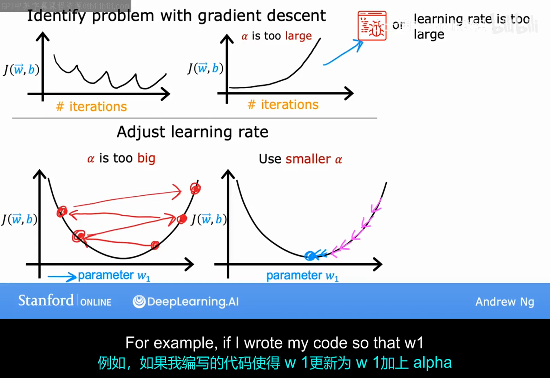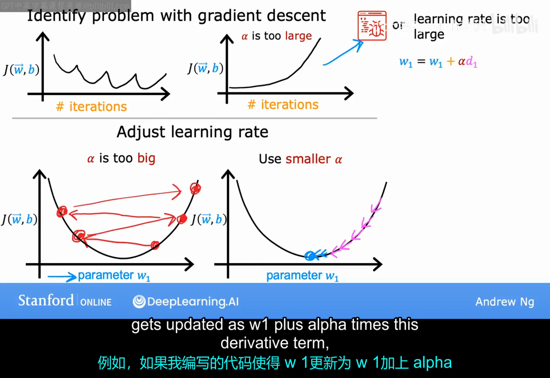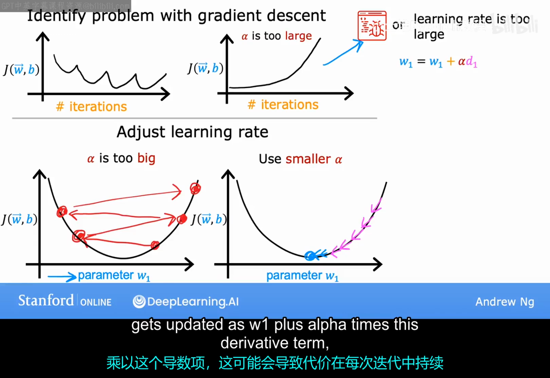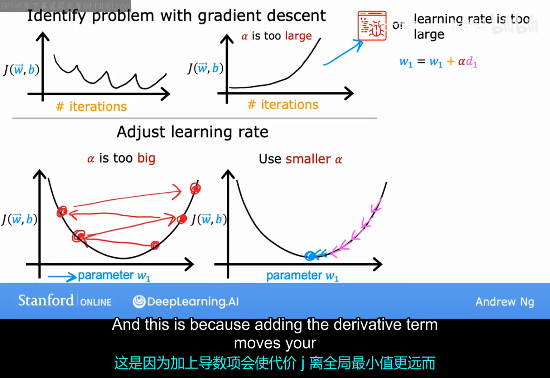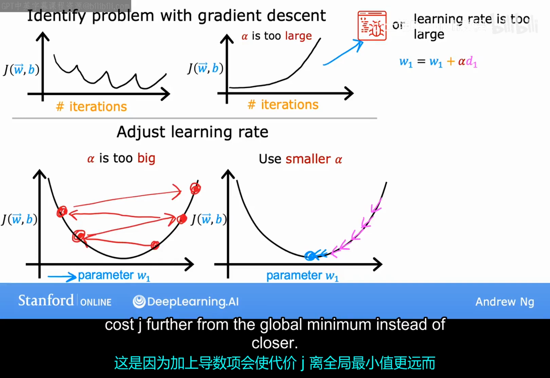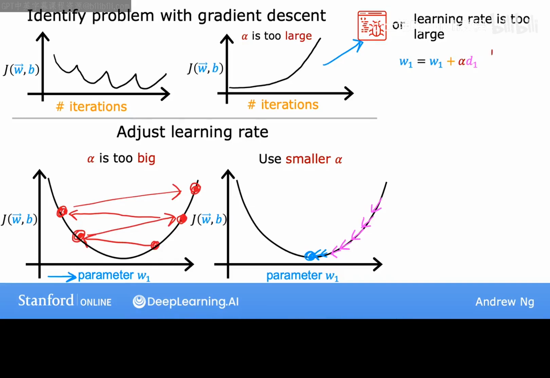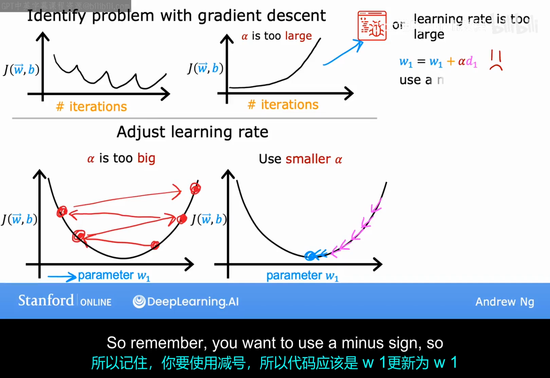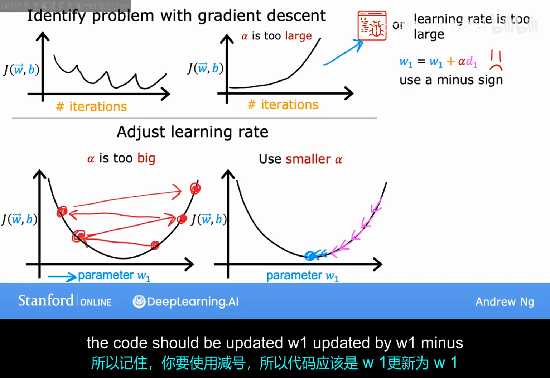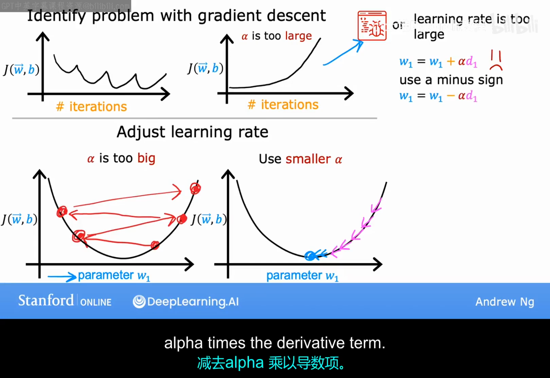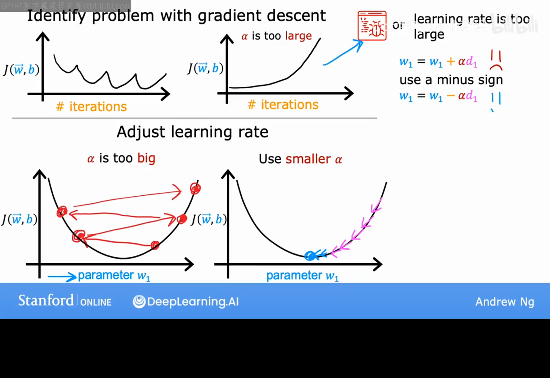For example, if I wrote my code so that w1 gets updated as w1 plus alpha times its derivative term, this could result in the cost consistently increasing at each iteration. And this is because adding the derivative term moves your cost J further from the global minimum instead of closer. So remember, you want to use a minus sign, so the code should update w1 as w1 minus alpha times the derivative term.